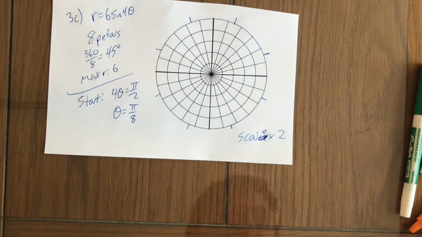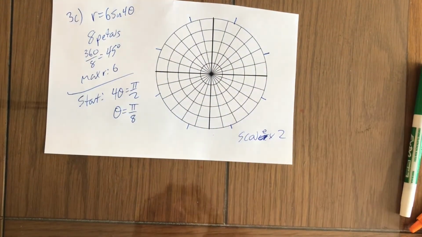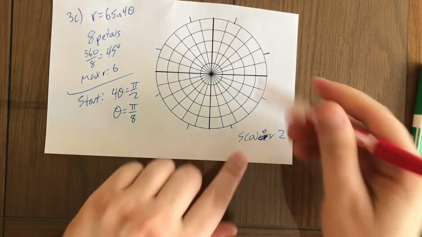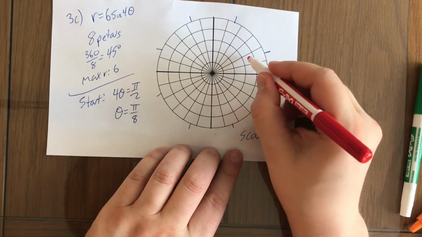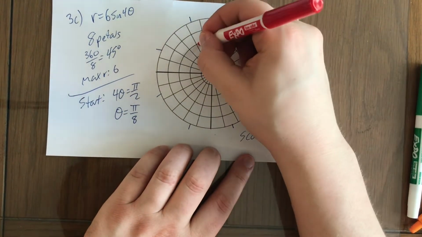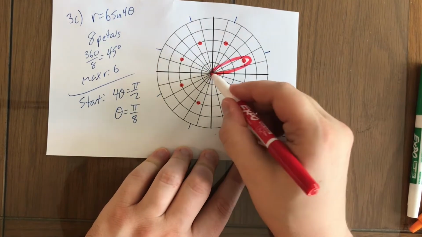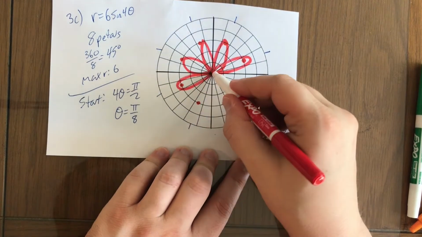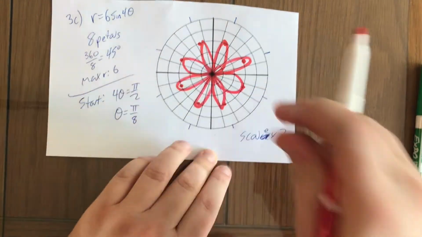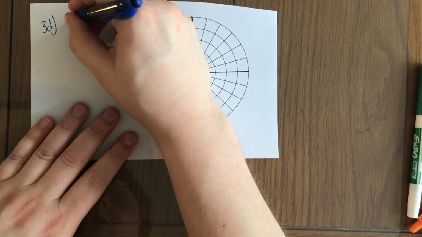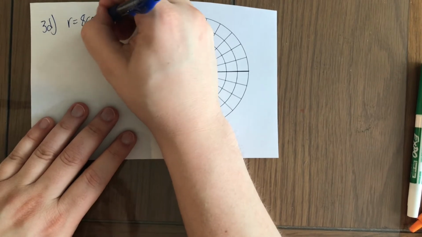So those are all the points that I'm going to do with a max radius of 6, which in this case is going to show as 3. So I'm going to do 1, 2, 3, and plot the points. Done.